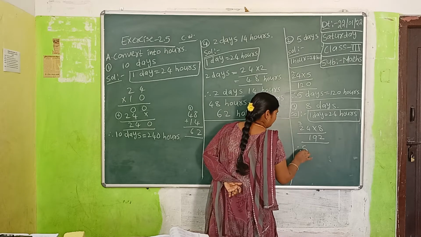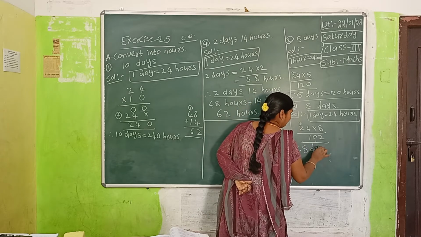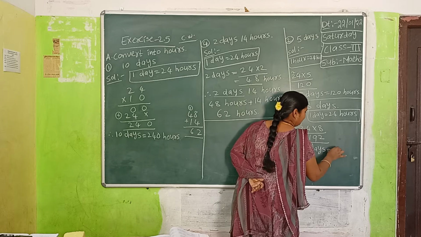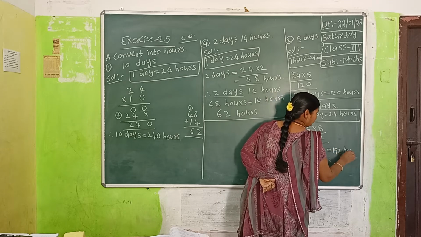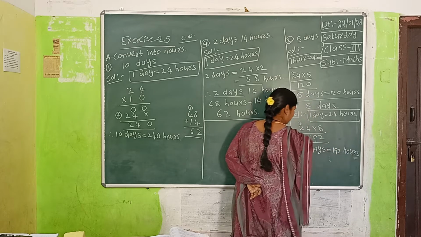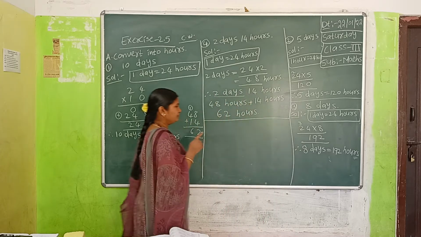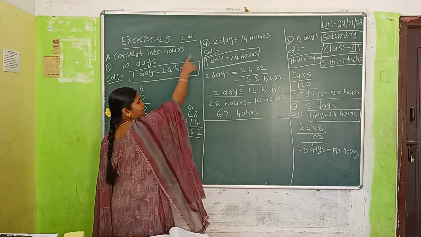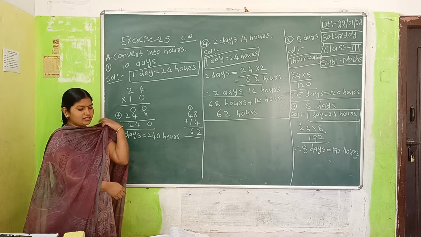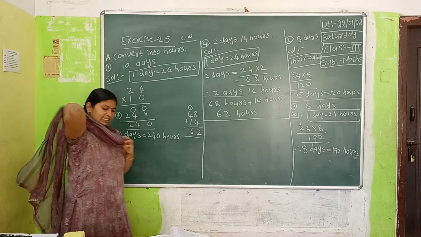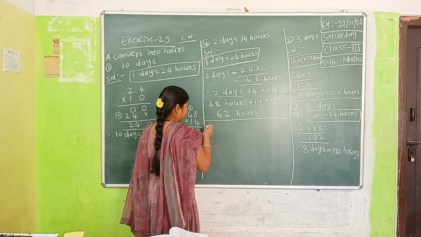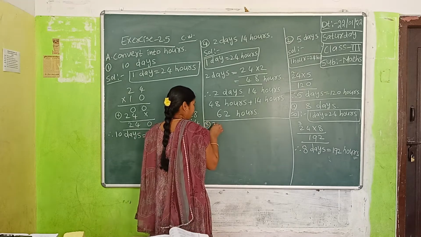Therefore, 8 days equal to 192 hours. Now the fifth one, same like this.